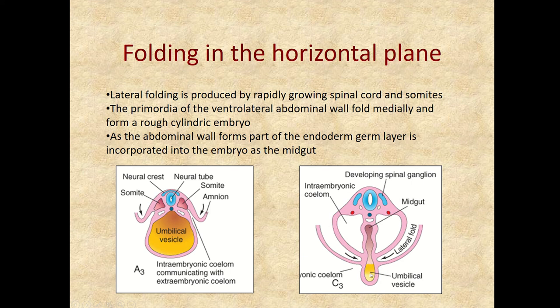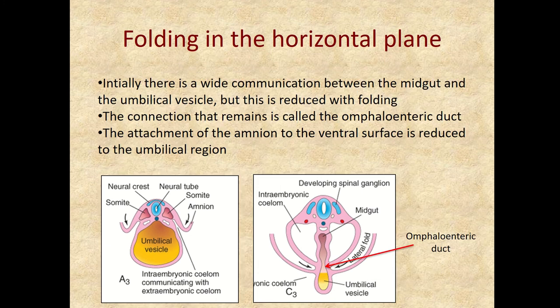And it doesn't fuse everywhere right away, but one of the important things that happens as this occurs is that it incorporates this big umbilical vesicle into the embryo, which will develop into the midgut eventually. And this actually has a really cool path of development, which you'll learn when we do gut development.